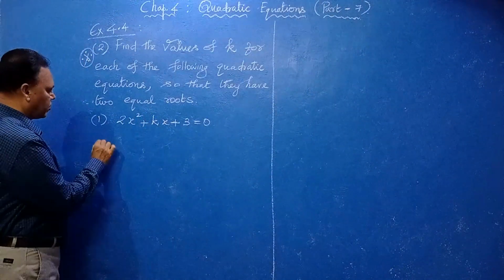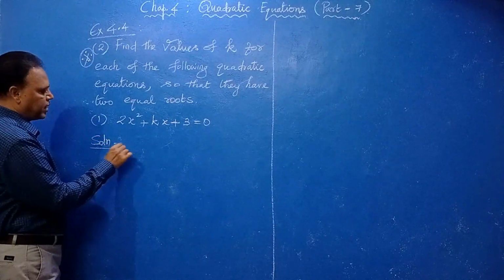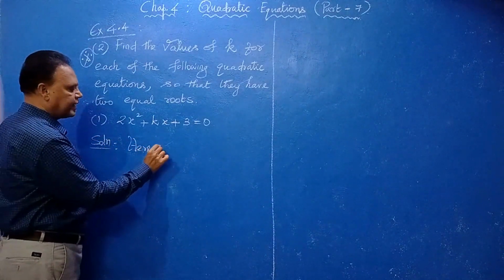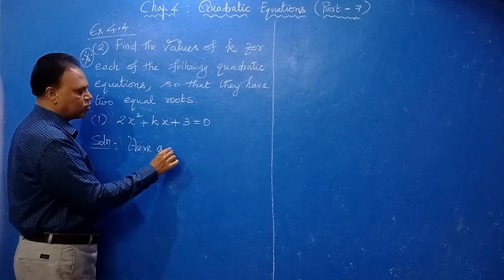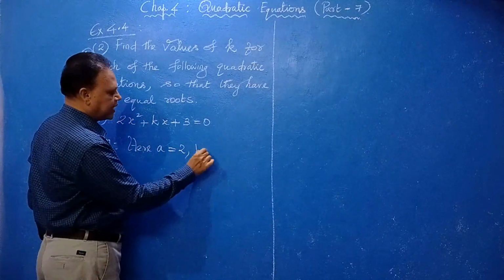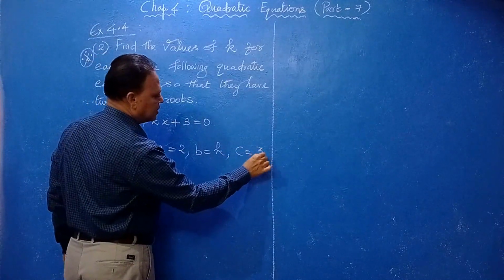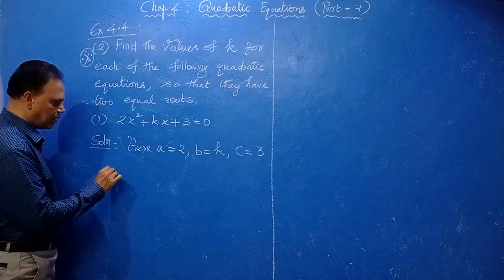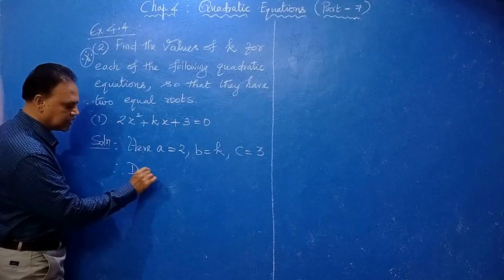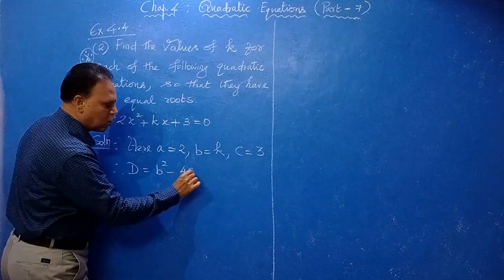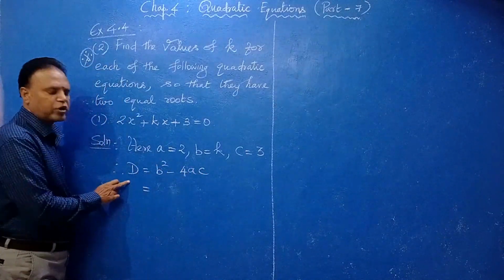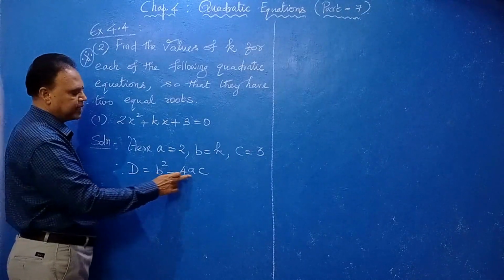Solution. Here, what is A? X squared coefficient is 2. What is B? X coefficient, that is k. What is C? 3. Therefore, D is, you know the formula, B squared minus 4AC. You have to remember, discriminant is B squared minus 4AC.